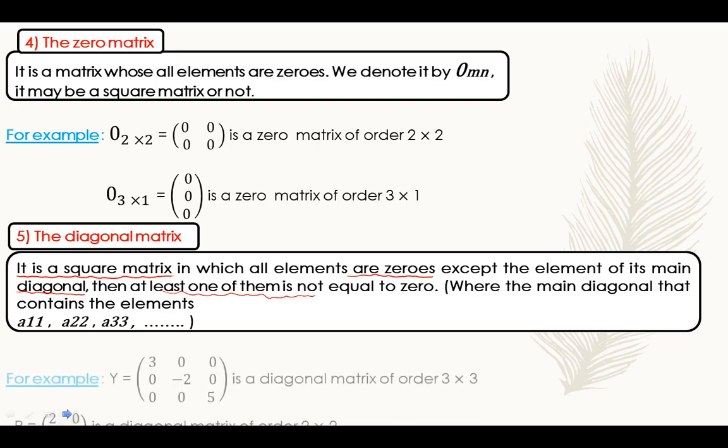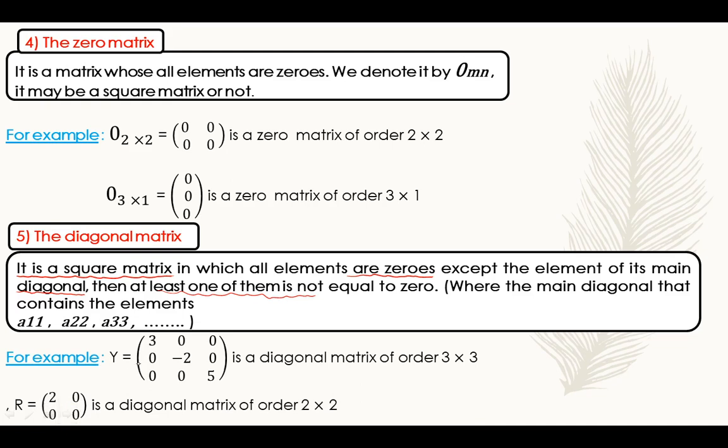For example, here we have the matrix Y, which is a diagonal matrix. First, it is a square matrix of order 3 times 3. All the elements in the matrix are 0 except the elements of the main diagonal.